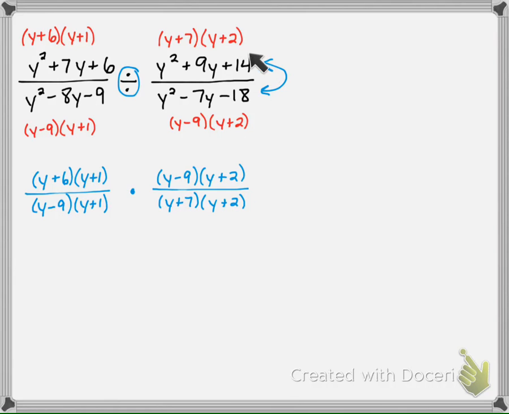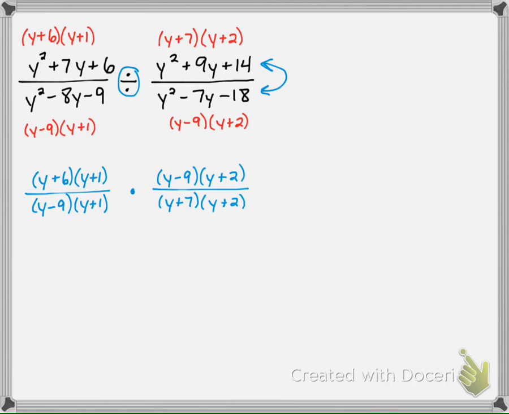Notice these are switched. This one's the same, I changed it to multiplication and I switched it. And now we're going to multiply. So notice we're actually reviewing multiplication in this division problem, because you're never going to actually divide rational expressions. You're going to change them to multiplication expressions and simplify them from there.